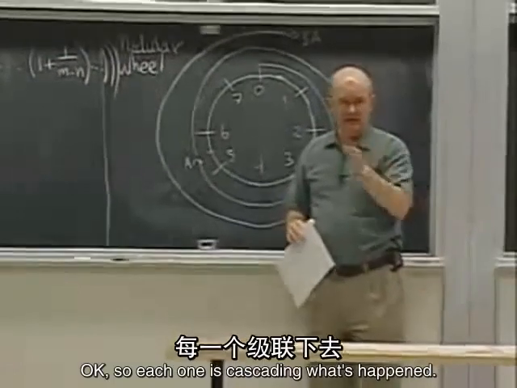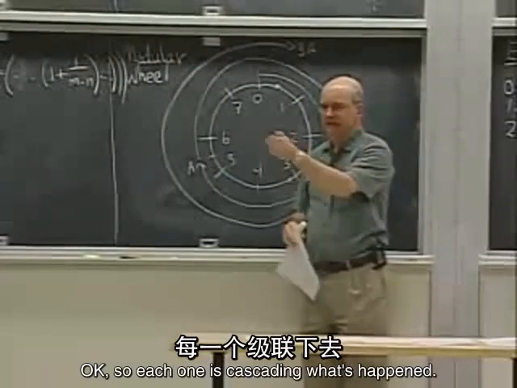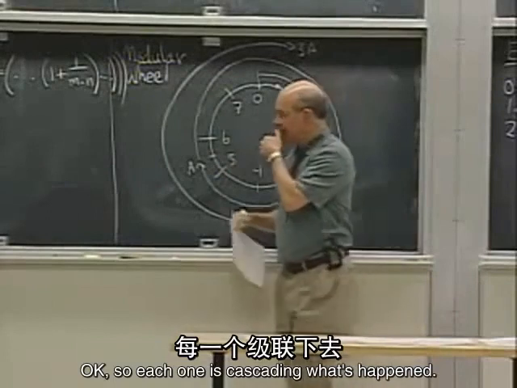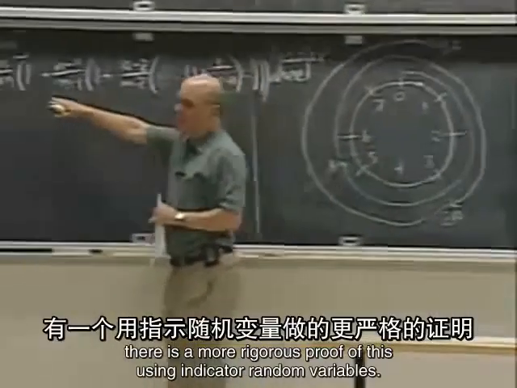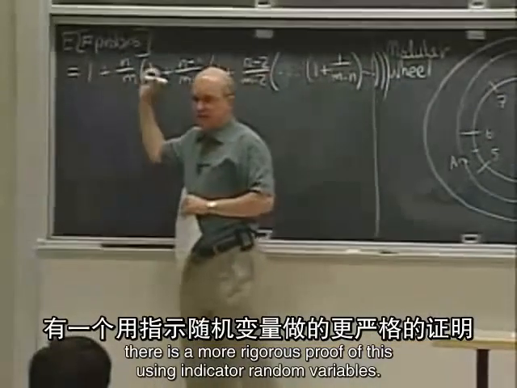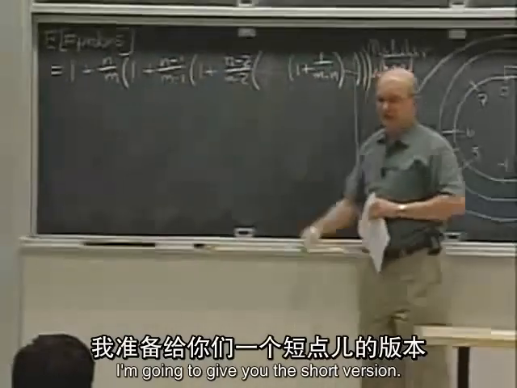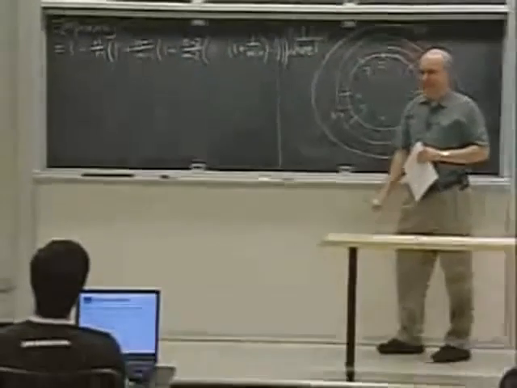Okay? So each one is cascading what's happened. In the book, there's a more rigorous proof of this using indicator random variables. I'm going to give you the short version.